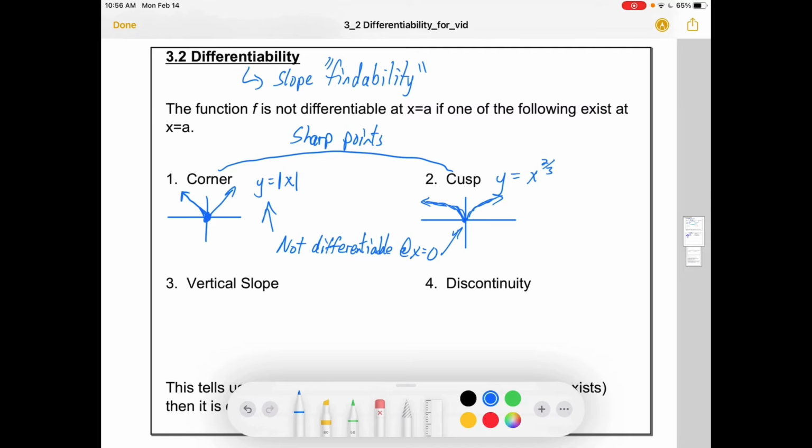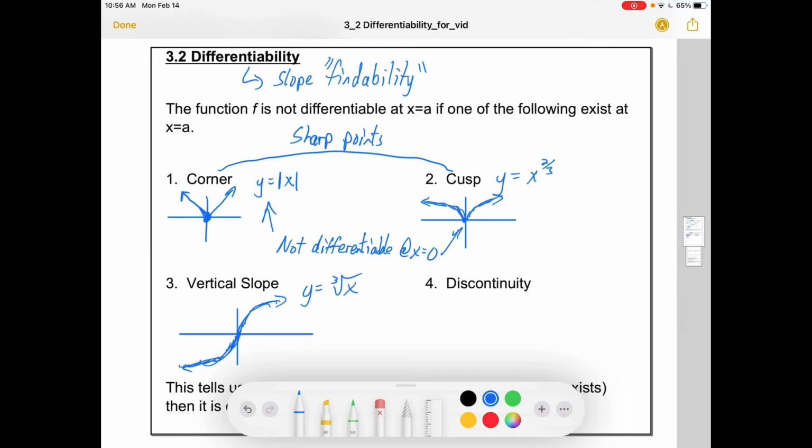The other kind of slope that is an issue is something like this, if you had something that went just momentarily vertical. Just at x equals 0, it's going to a vertical slope. That will happen on something like a cube root graph.